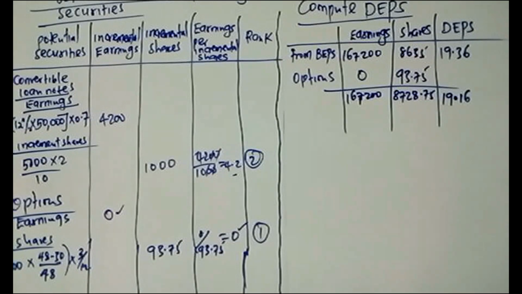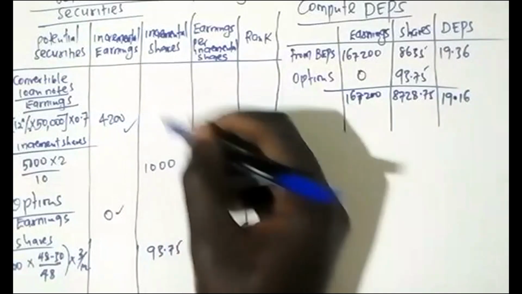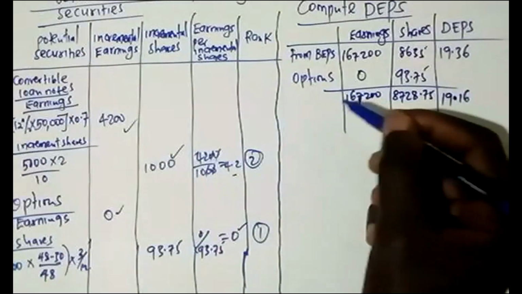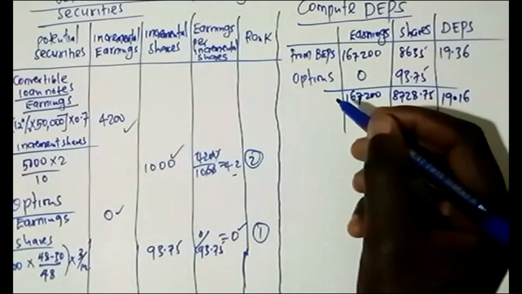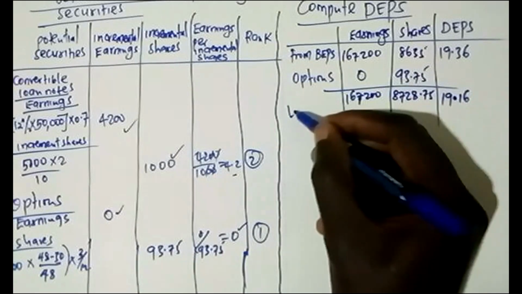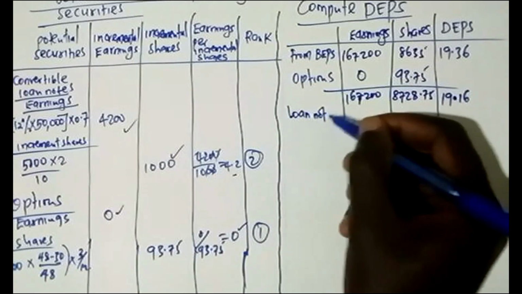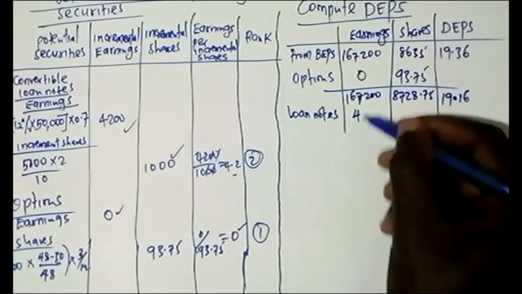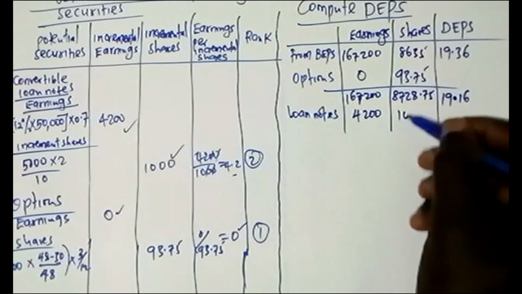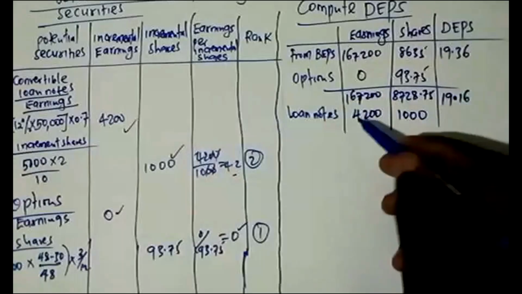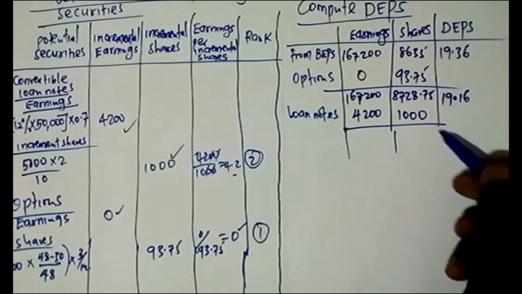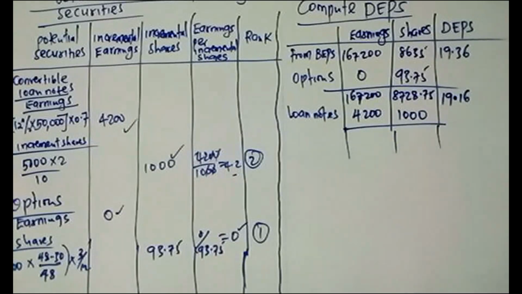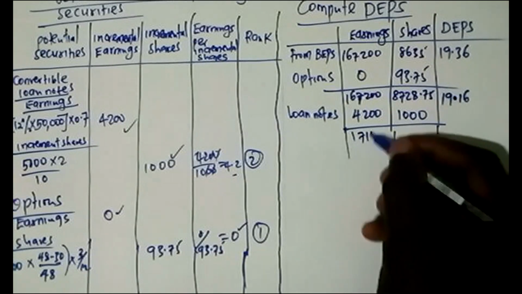So the next thing is all about the second security, number 2. It was convertible loan notes. So loan notes, 4,200, and this is 1,000. So if I take 167,200 plus 4,200, I'm getting 171,400.